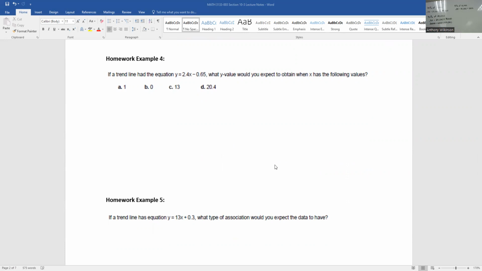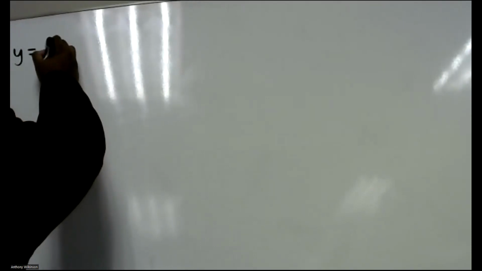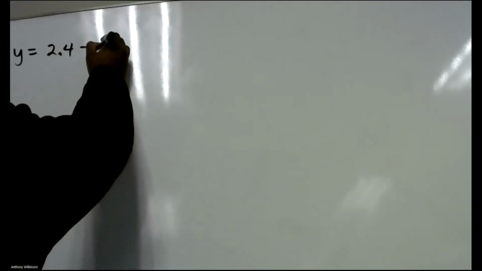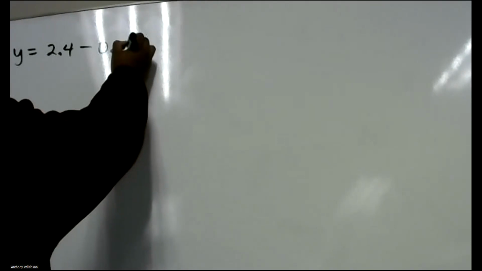So in parts A, B, C, and D, you're given those values, and we want to determine the value we would expect to get. So in this case, our equation is y is equal to 2.4x minus 0.65.